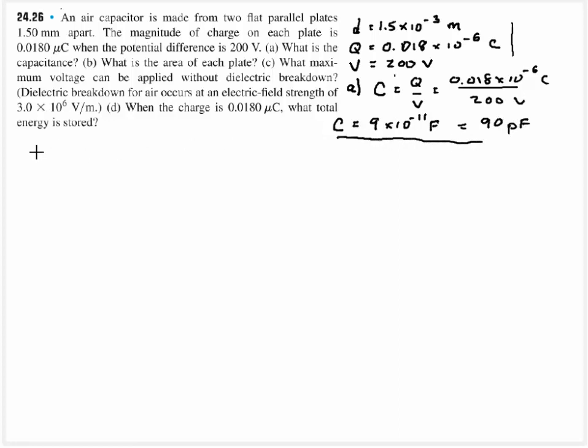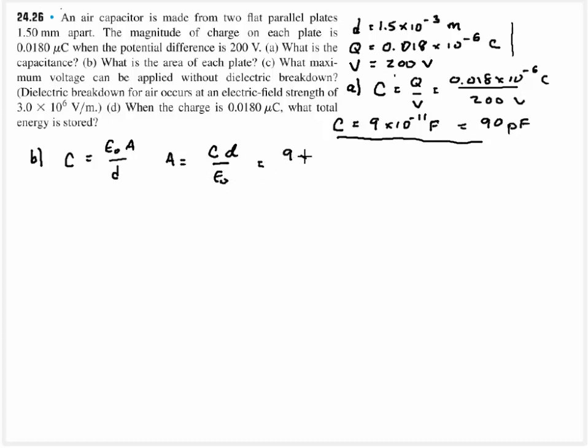So for part B, we're asked for the area of each plate. We know that there's a relationship between the capacitance, the permittivity of free space, the area and the distance of separation. Now we know the capacitance and the distance of separation, so we can simply say that the area is going to be equal to the capacitance times the distance of separation divided by the permittivity of free space, which we know.